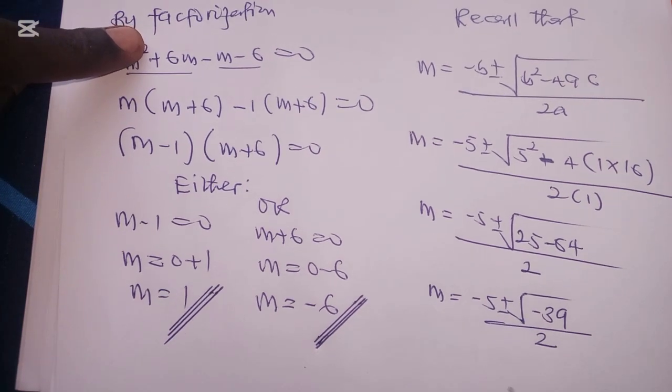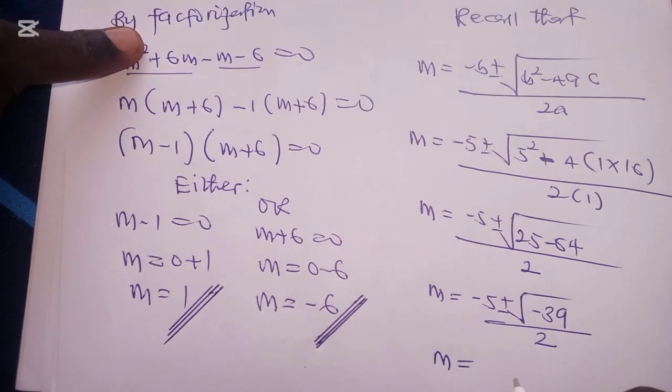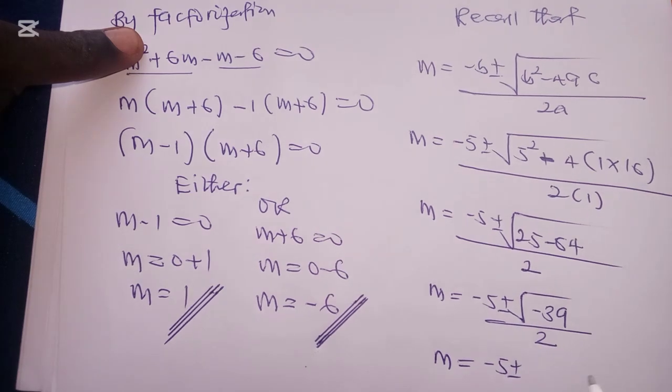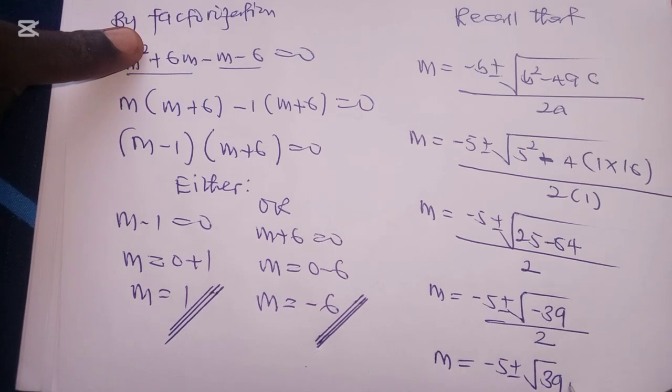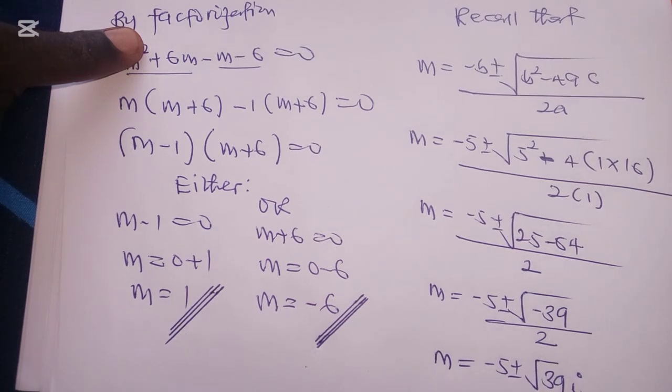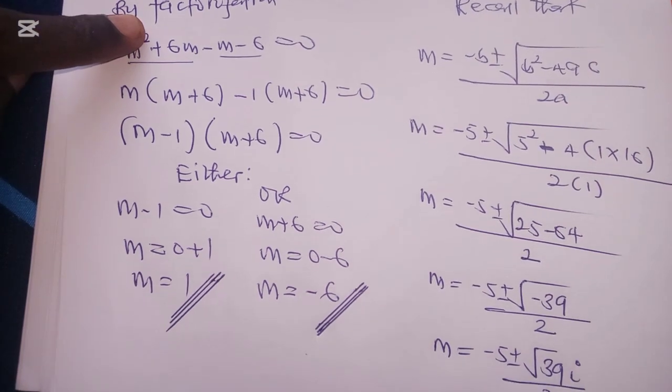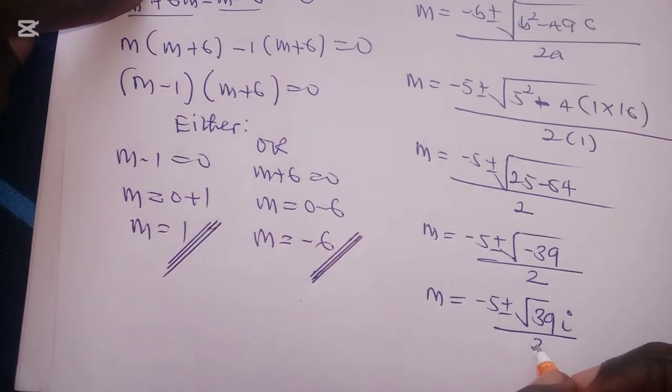Now m becomes minus 5 plus or minus, this is a complex root now, so this becomes the square root of 39i, divided by 2.